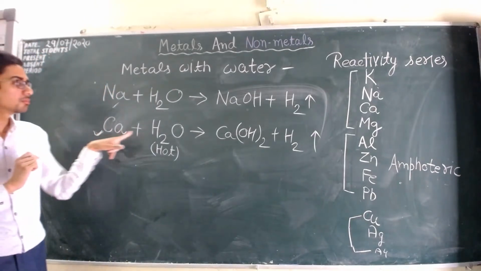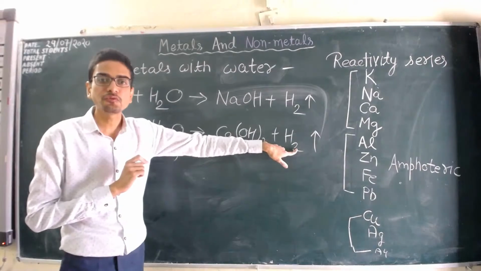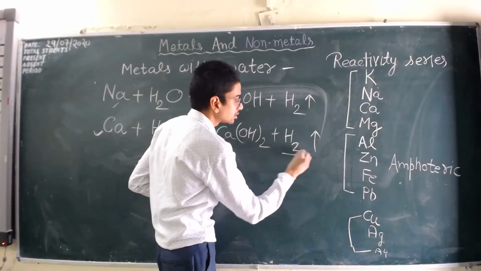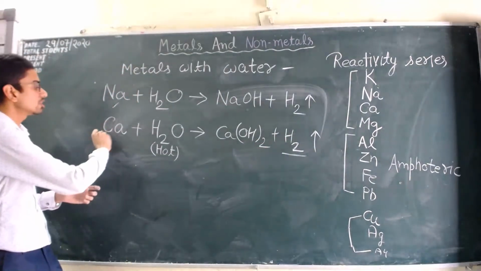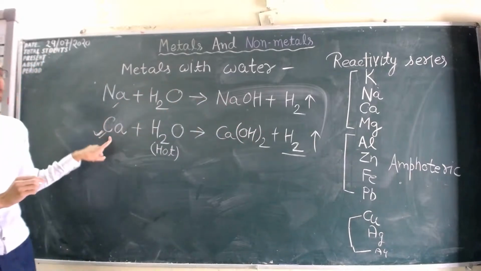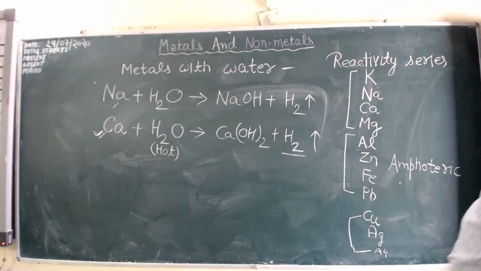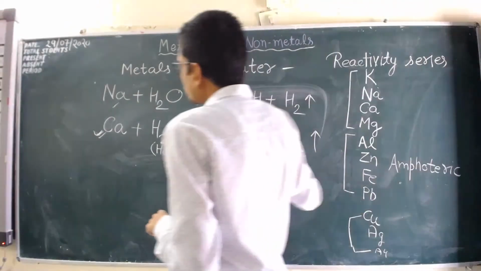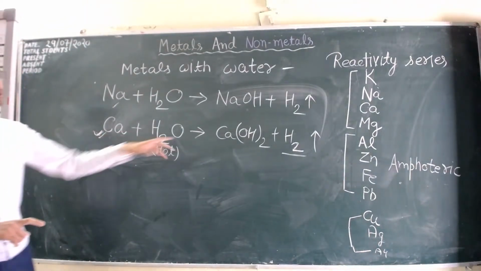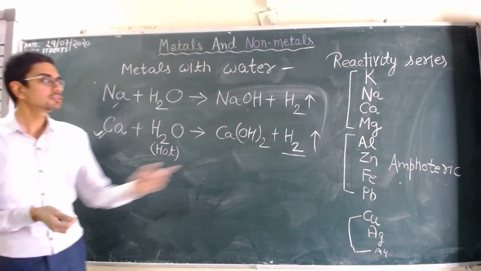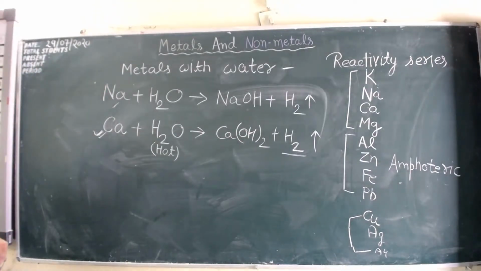That when calcium is put in water, calcium hydroxide and hydrogen is formed, and this hydrogen gas sticks to the surface of calcium. ये जो hydrogen gas produce हुई है, ये calcium के surface पर stick हो जाता है. ठीक है? That's why calcium floats. Because due to bubbles of hydrogen gas sticking to the surface of calcium. Similarly, magnesium also floats in water because bubbles of hydrogen gas form and stick to the surface of magnesium. Okay, by this reaction you can write.